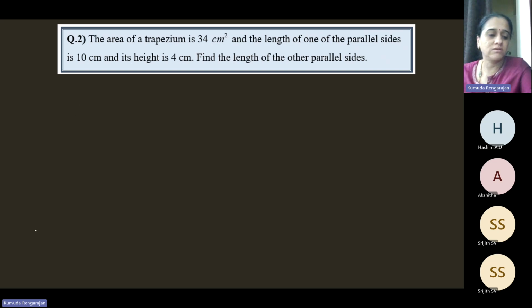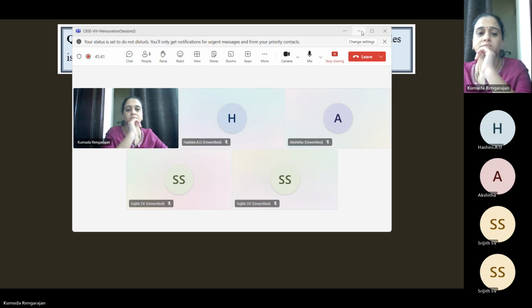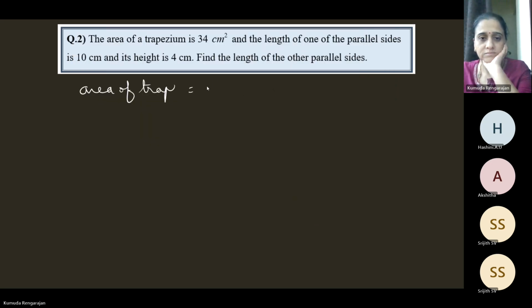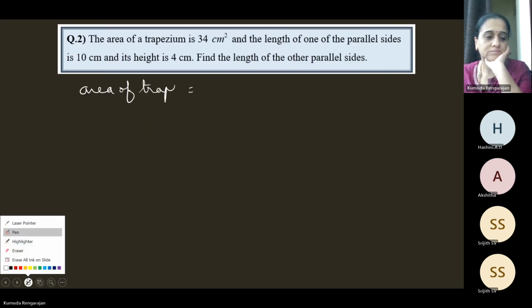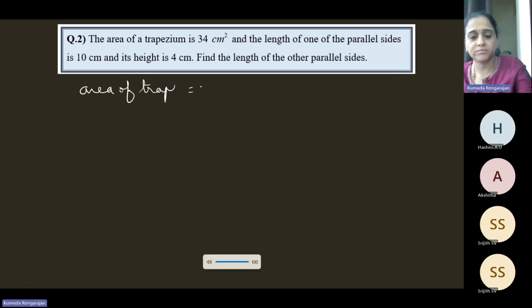Sahasra, what's the area of the trapezium given here? Akshita, what's the area of the trapezium?